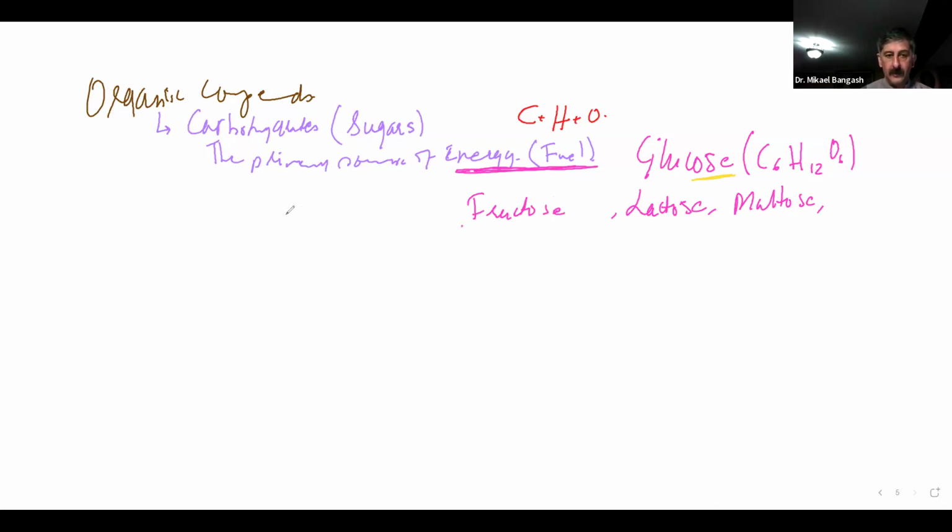We may even have something called cellulose. But what we see in all these is that they end with "ose," and that's pretty much what makes them sugars or carbohydrates.